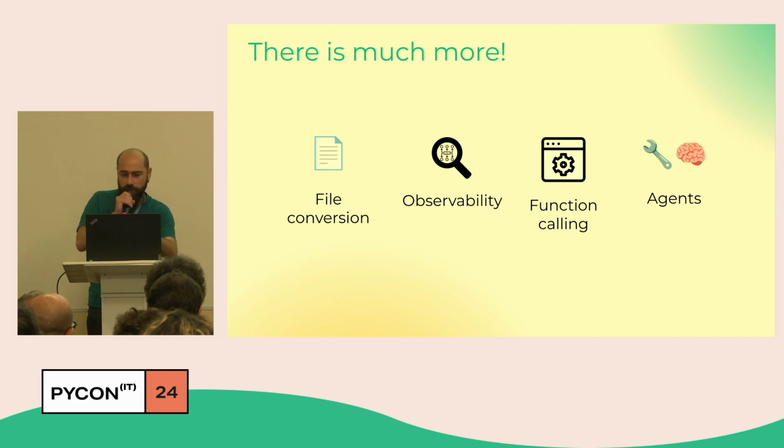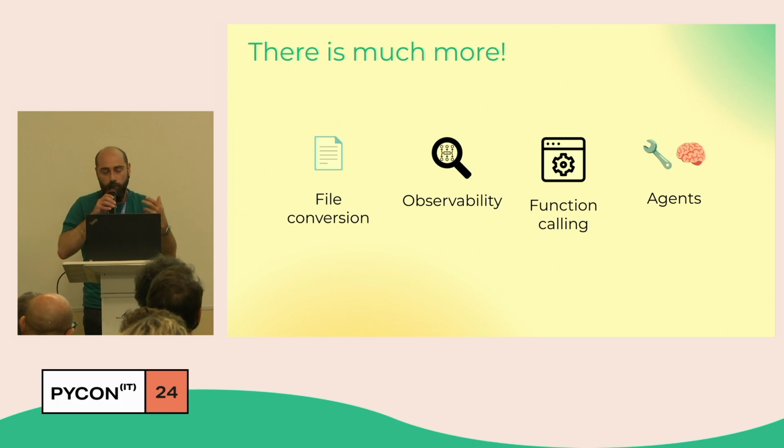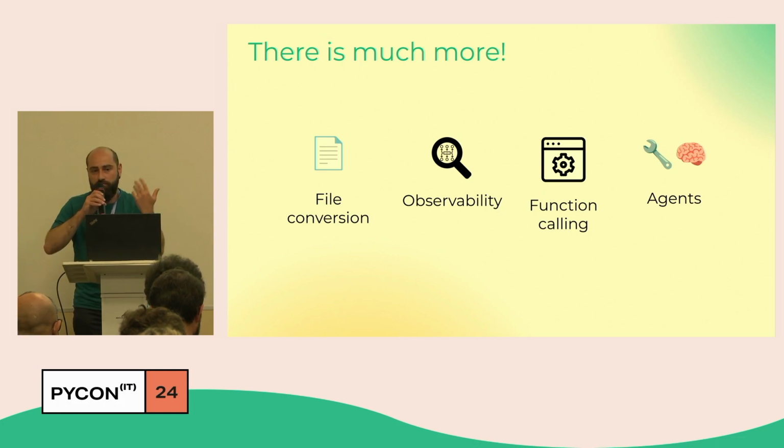Haystack has some stuff around observability, even if I'm not an expert. Then about capabilities of language models, probably one of the most interesting ones is function calling, so the ability of these models to provide a structured response, to prepare a call for a function, not invoke the function, but this makes it easier to integrate the language models in deterministic classic applications.